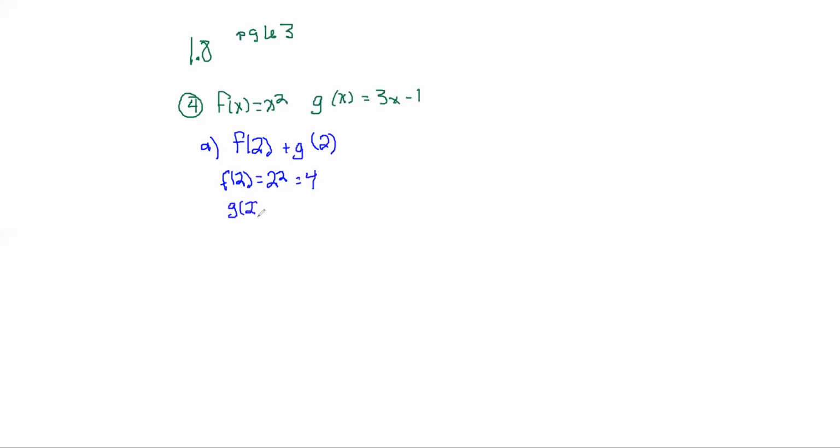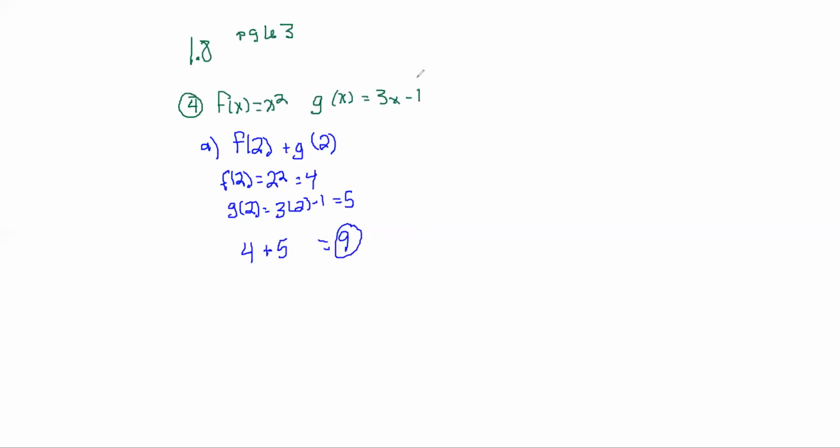And g of 2 is going to be 3 times 2 minus 1, which is 5. So these are just putting in whatever x is into the function and seeing what it spits out. And then we're going to say, what is f of 2 plus g of 2? Well, that is 4 plus 5. So the answer to A is 9.